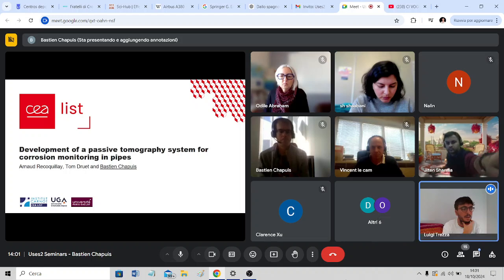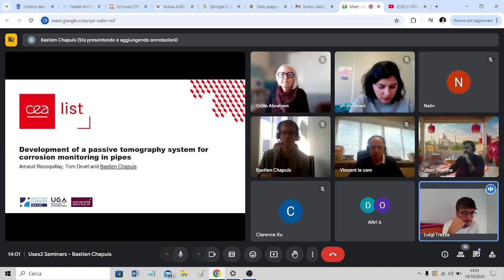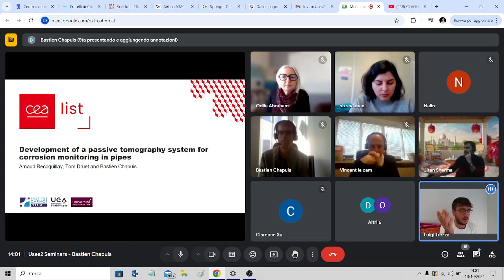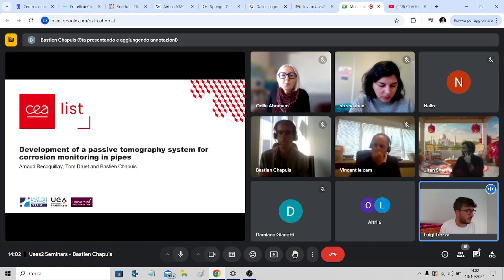Bastien Chapuis is a research engineer, senior expert in SHM. He's the head of the SHM subcommission of the International Institute of Welding, and obviously is interested in guided waves, passive methods, and optical fibers. So that's why he proposed to talk about the topic of today, the development of a passive tomography system for corrosion monitoring.